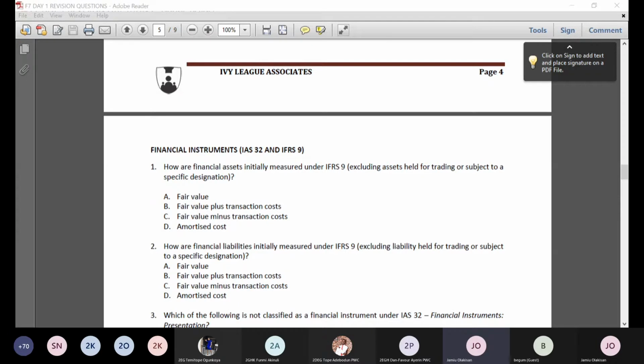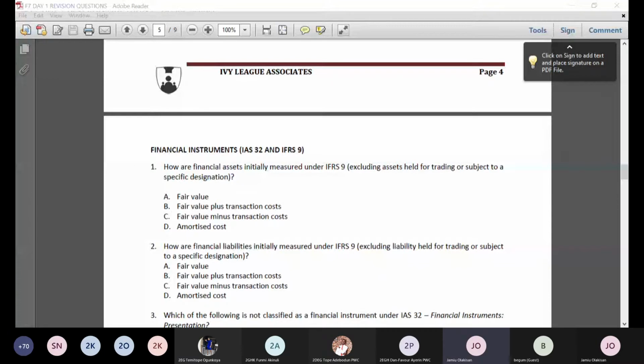Who is the holder? The one who invested in it. The one we invested in that equity instrument, we carry it as a financial asset. So IFRS 9 deals with financial assets and financial liability.